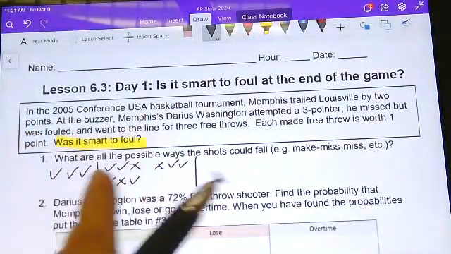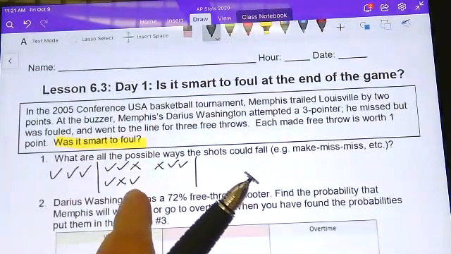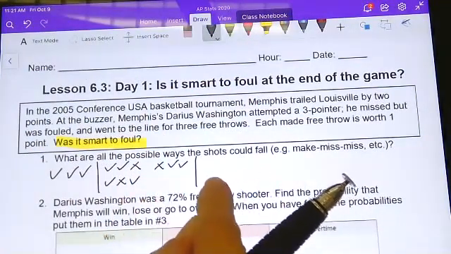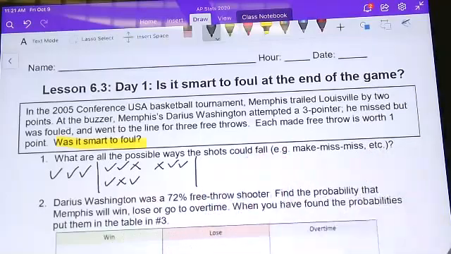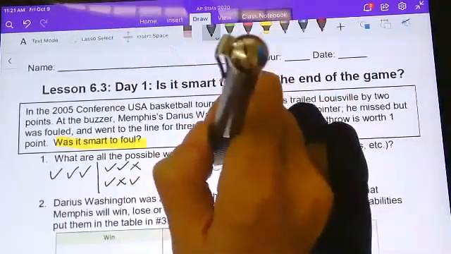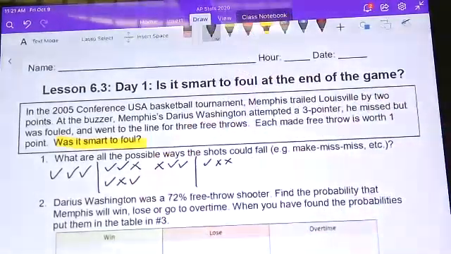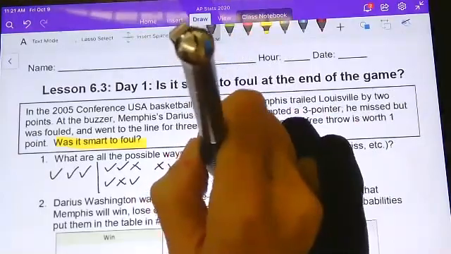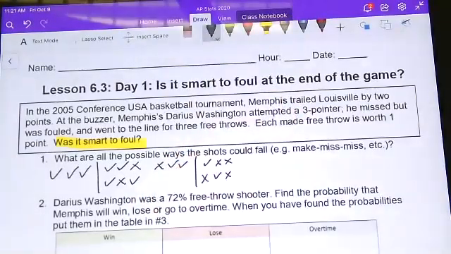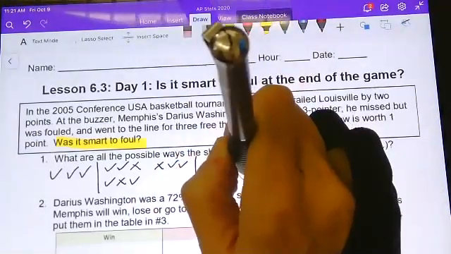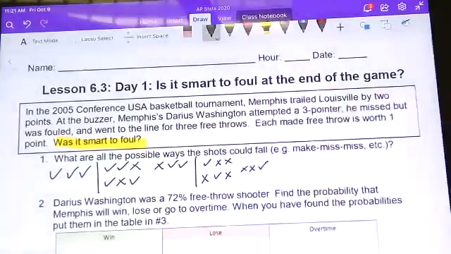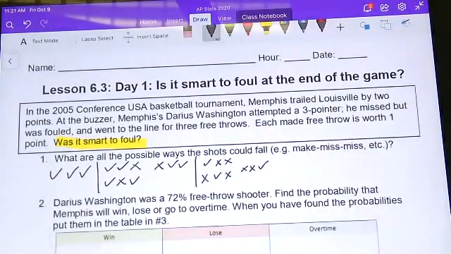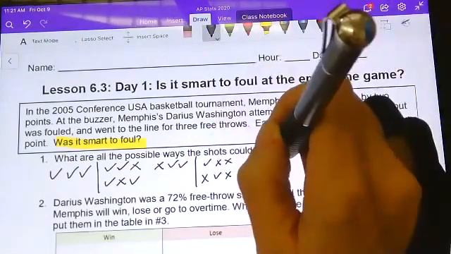So he could make all 3. He could make 2 out of the 3. He could just make 1 out of the 3. So let's look at what those could look like. He makes 1 out of the 3. Makes the first one and then misses the next 2. Maybe he makes the second one and misses the other 2. Maybe he makes the third one and misses the first 2. But that's it. There's only 3 ways that making 1 shot out of 3 will pan out.